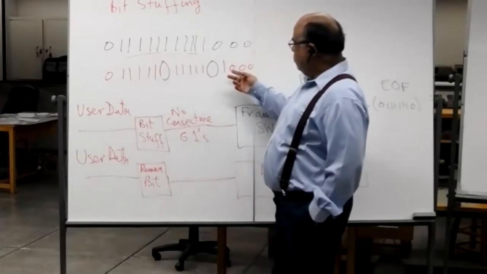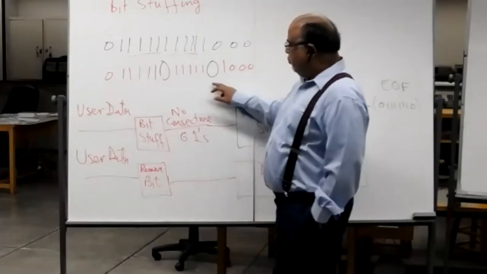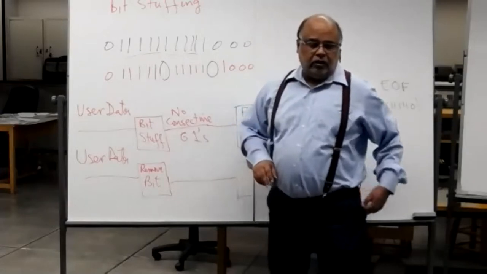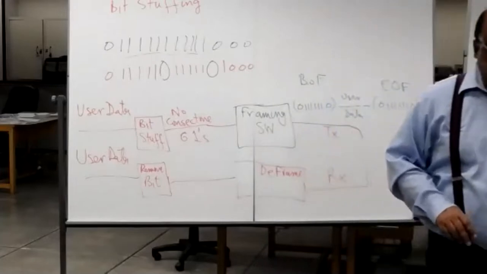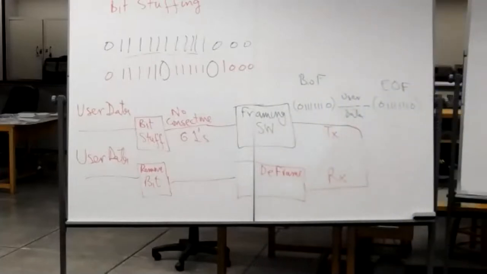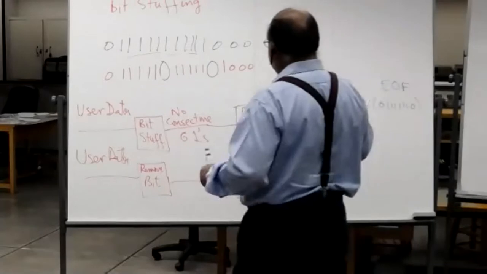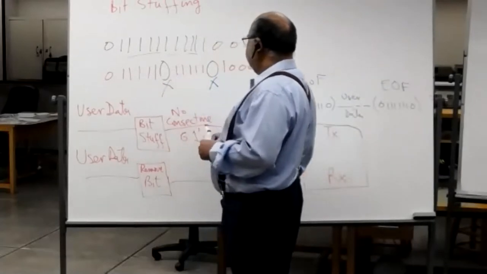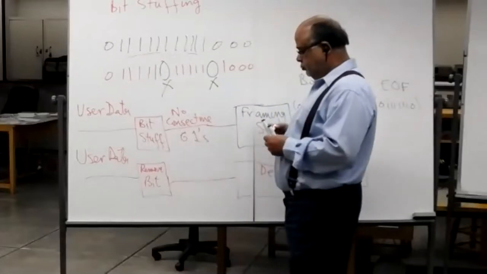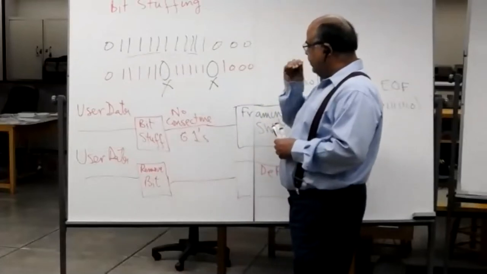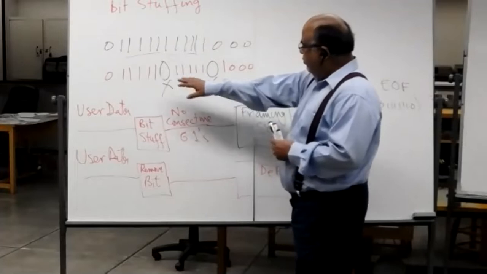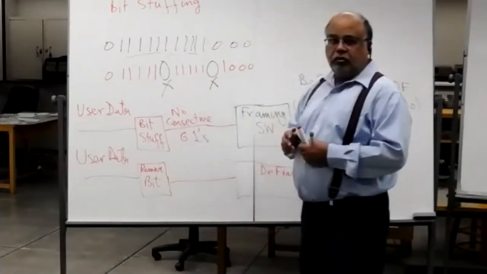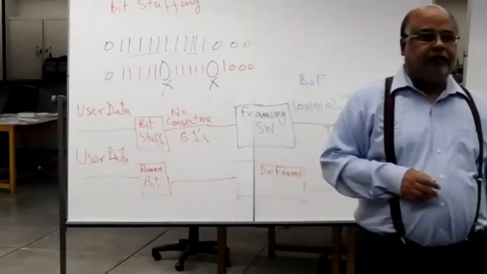On the receiving side, we remove these stuffed zeros again, so that the user gets the same old data. So this is why we do bit stuffing.